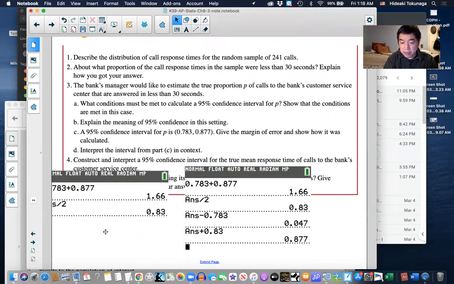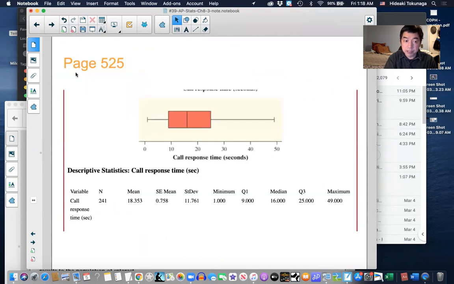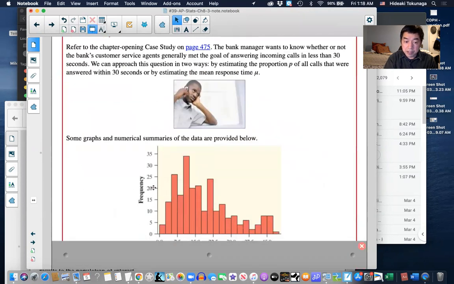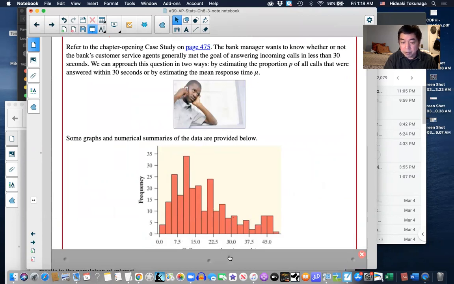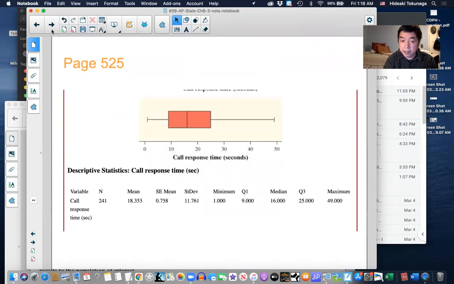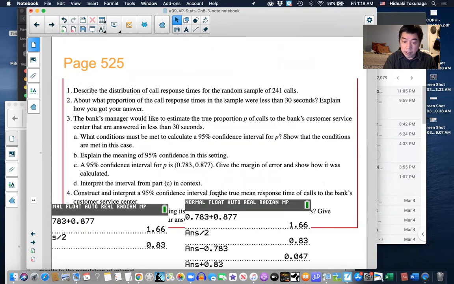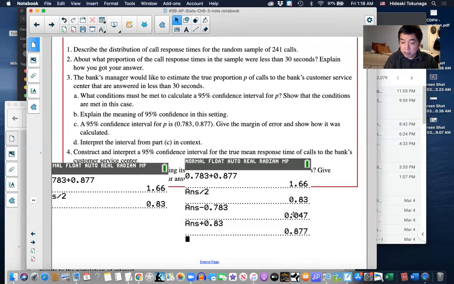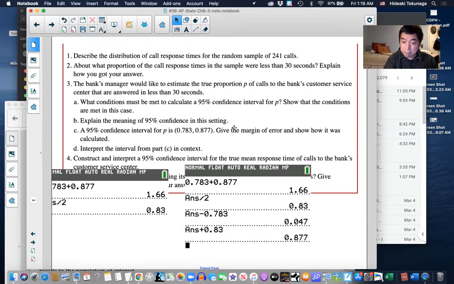So this is the mean, 83%. Ideally, if you count everything up to 30 seconds and divide by 241, it becomes 83%. So the margin of error must be 0.047.